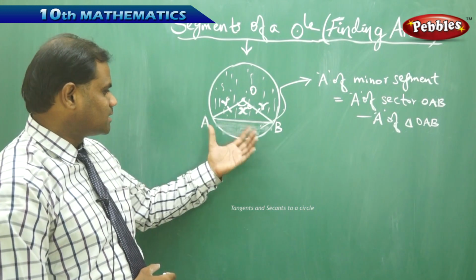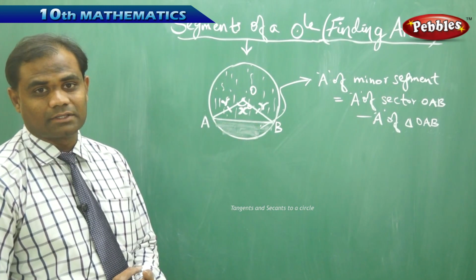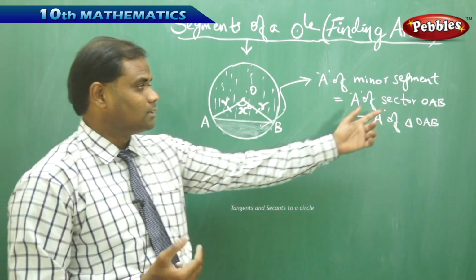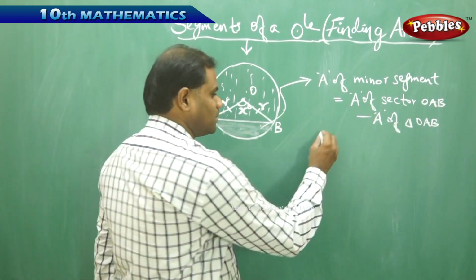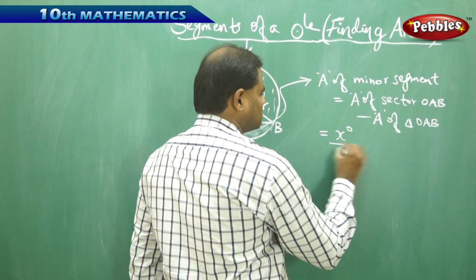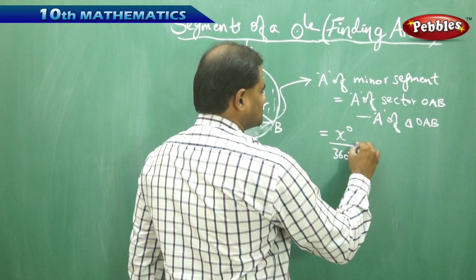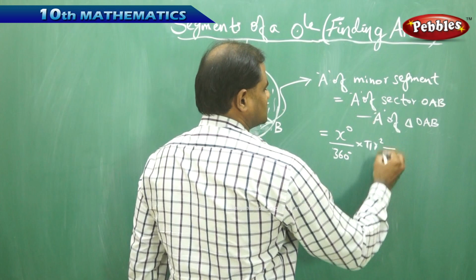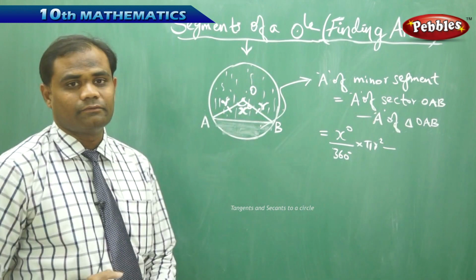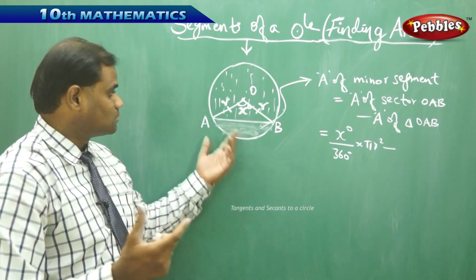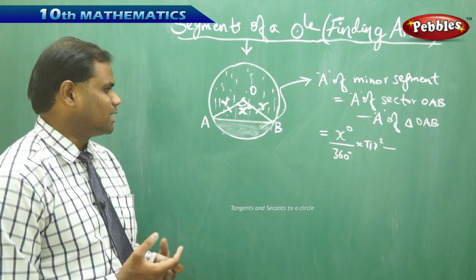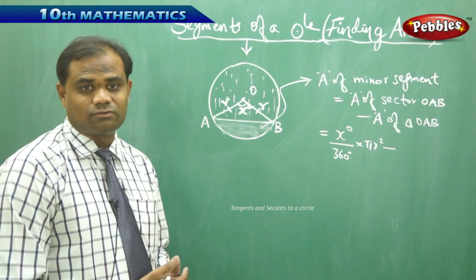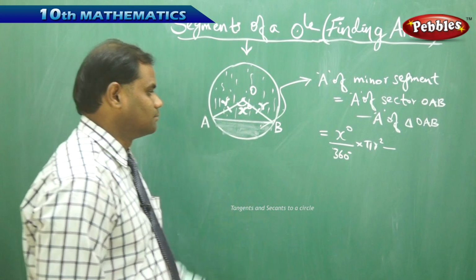Now, as sector minus triangle gives me this minor segment, we have the formula for the sector, whose area is x by 360 times pi r squared, minus the area of triangle OAB, which can be found using various properties like half into base into height, or any other respective formula if the height is given.